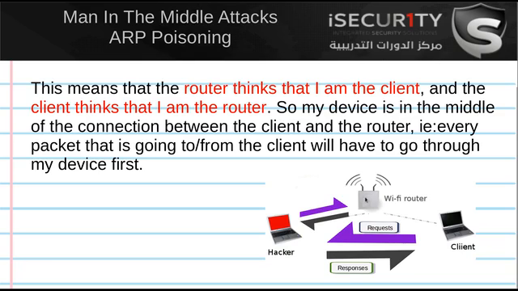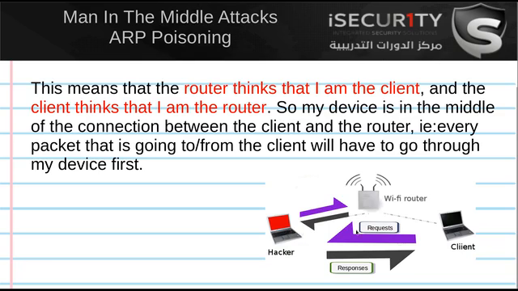The router will send the response to our device instead of the client, and then we will send the packet back. So each packet that is sent to or from the client will have to go through us. Since it's going through us and we have the key, we can read these packets, we can modify them or just drop them.